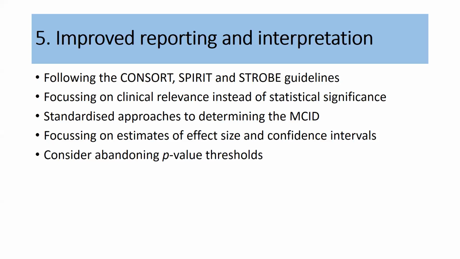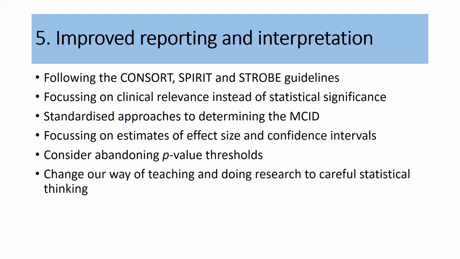Consider abandoning p-value thresholds of 0.05 or whatever threshold, and rather report the actual p-value as a continuous measure. And change our way of teaching and doing research to careful statistical thinking, in the hope that as statistical significance is used less, statistical thinking will be used more.